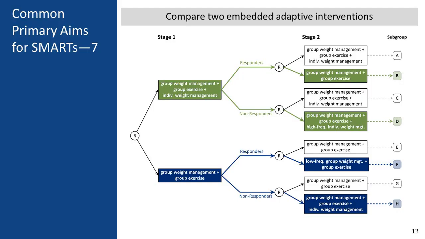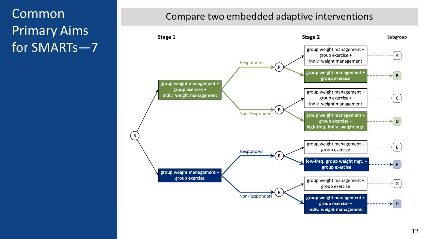Another common primary aim for SMARTs is the comparison of two embedded adaptive interventions. Remember that in this example SMART, there are 8 adaptive interventions embedded in this design. Individuals receive treatment consistent with recommendations made by up to 8 adaptive interventions. So we may wish to compare 2 of those embedded adaptive interventions on their outcomes at the end of the study.